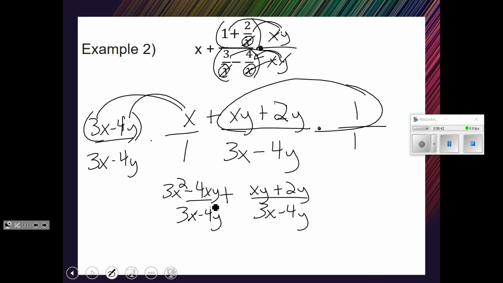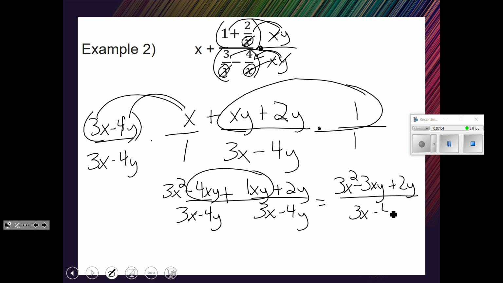Now we can add like terms. So if I look at this right here, these are like terms. I can add negative 4xy plus 1xy. So I'm going to have 3x squared minus 3xy plus 2y, all divided by 3x minus 4y.